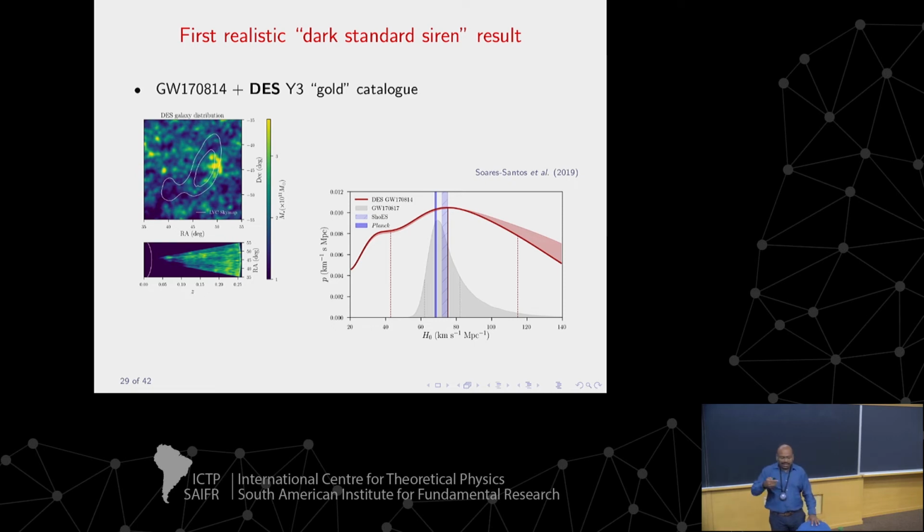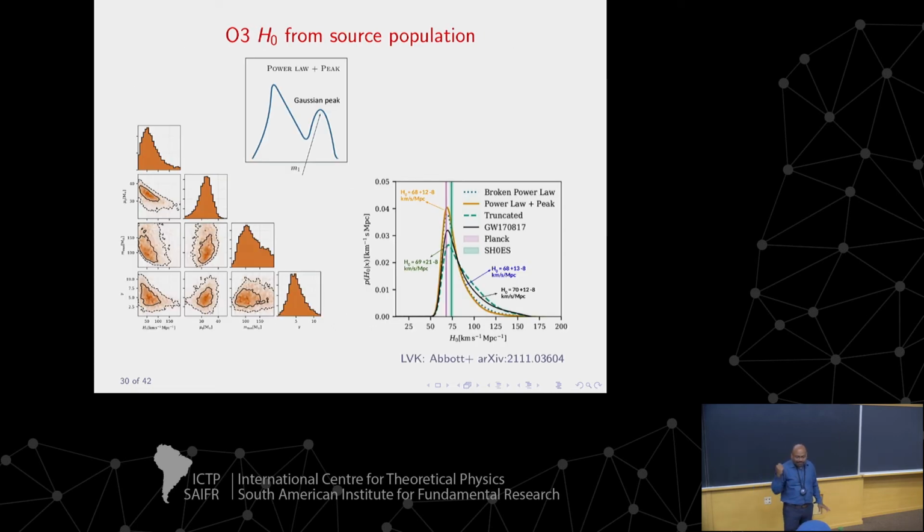Moving more towards the current detections, we have the H0 measurement by the LIGO-Virgo collaboration coming only from the source population. So here we do not use any galaxy catalogs. We assume only a mass distribution, that is a power law and a Gaussian peak, and we leave the power law free, the location and the width of the peak free, the relative strength free, and we infer simultaneously the cosmology and the population parameters.